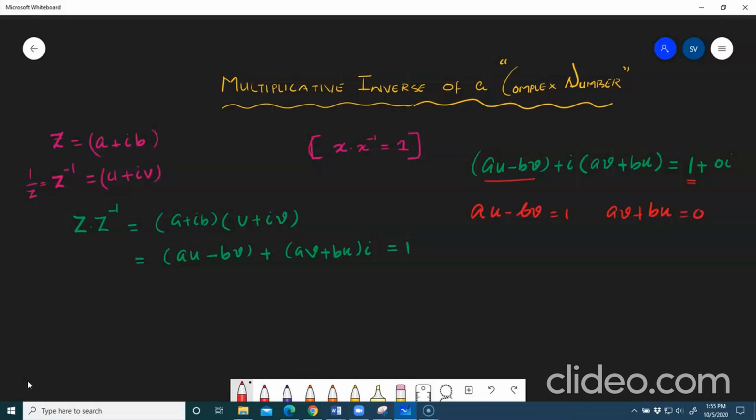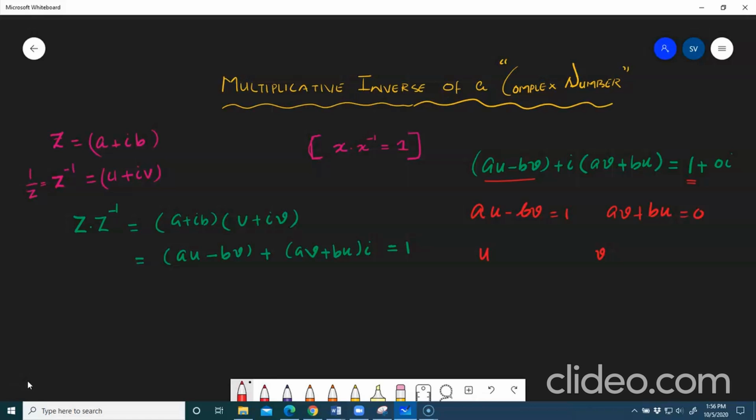Okay, so when you are solving these two equations for the unknowns u and v, I believe you know why we are solving these equations for u and v, because this is just an assumption.